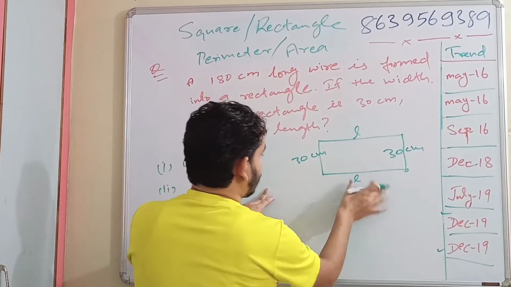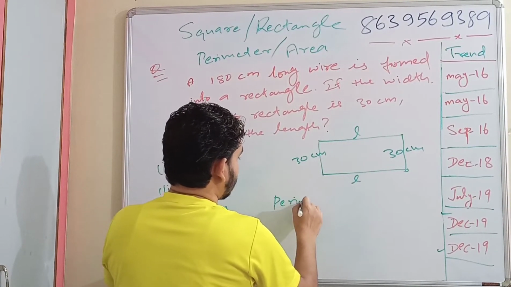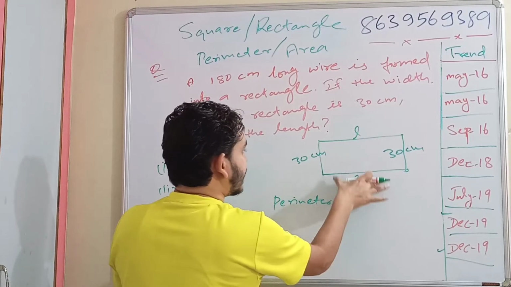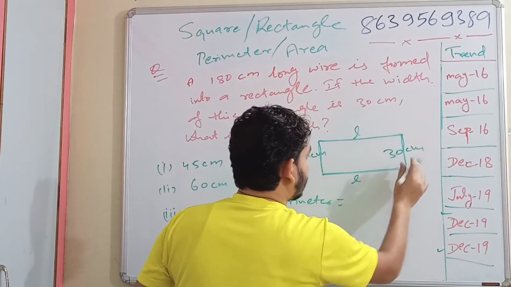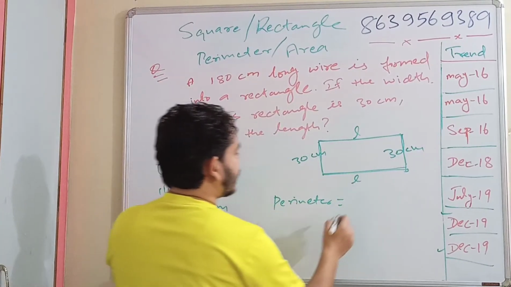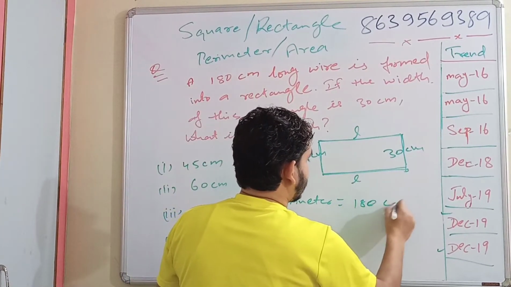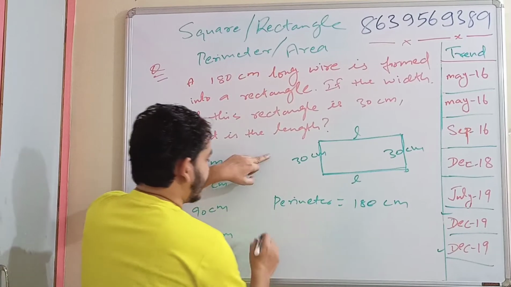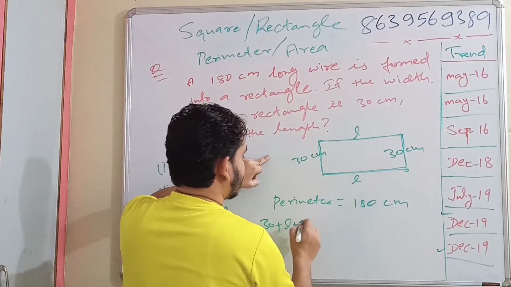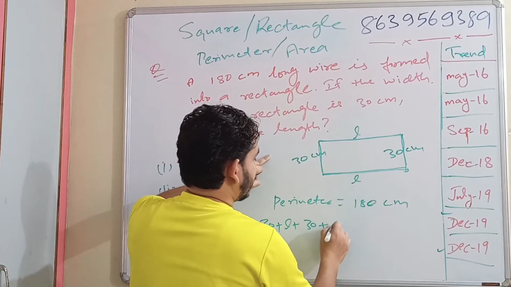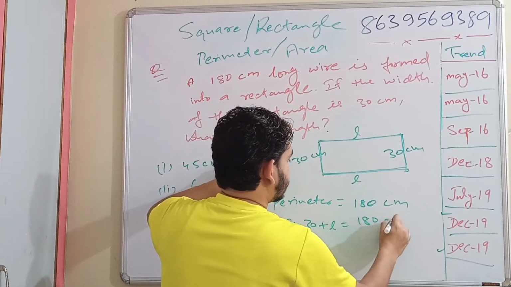Now we know that the perimeter of this rectangle, meaning the length of the boundary, will be nothing but the length of the wire. So that is 180 centimeter. Now if I take 30 plus length plus 30 plus length is equal to 180 centimeter.